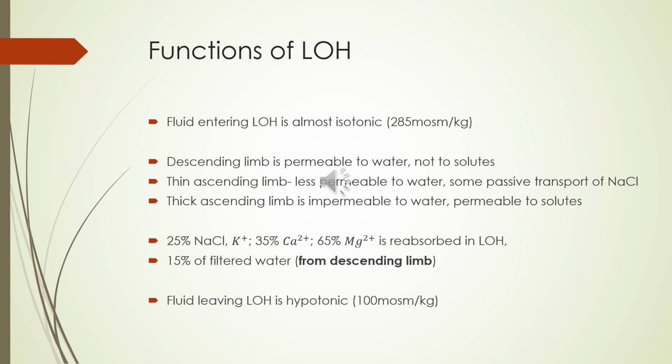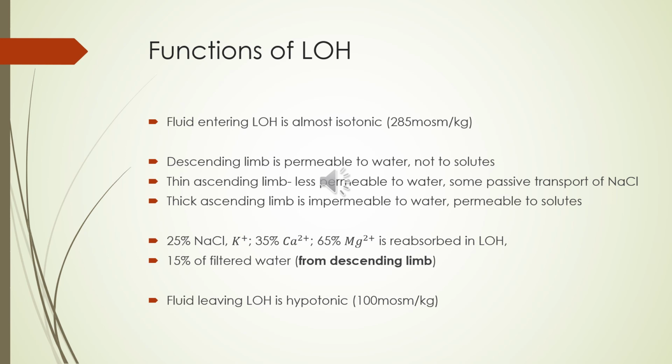Then the thin ascending limb is almost impermeable to water, and only some passive transport of sodium chloride like substances occurs there. No active transport is there. And the thick ascending limb is impermeable to water but permeable to solutes. So here the solutes are being reabsorbed from the thick ascending limb without reabsorption of water.